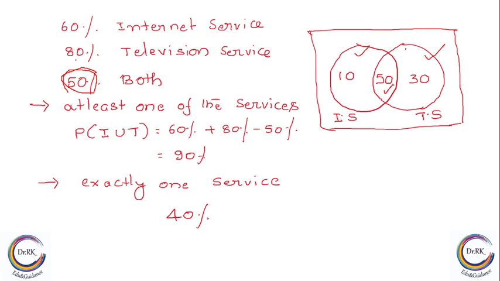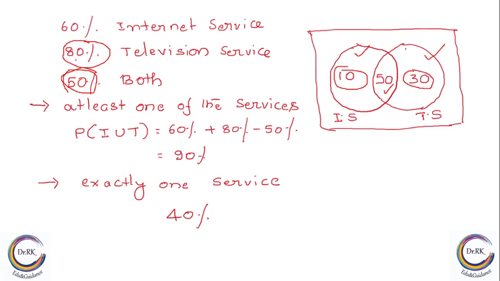Next, internet service, total 60%, out of which 50 are already in the intersection, therefore 10 comes here. I hope that it is clear. Now 80% are getting television service, so 50 already there, so 30.